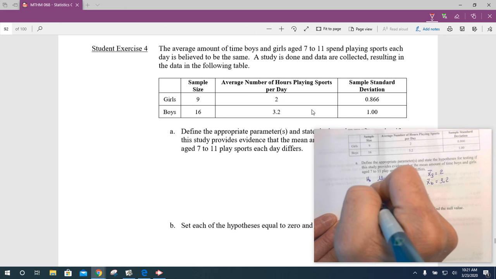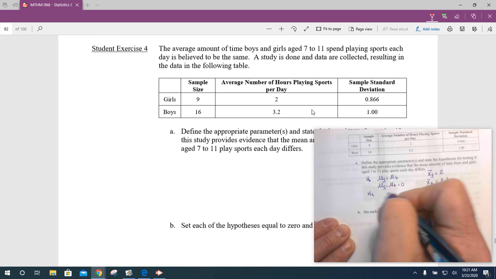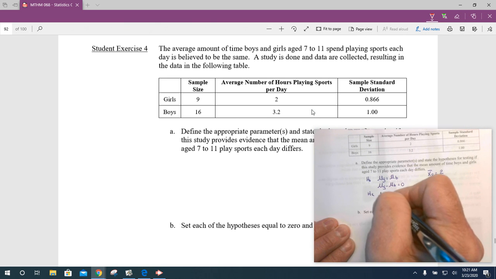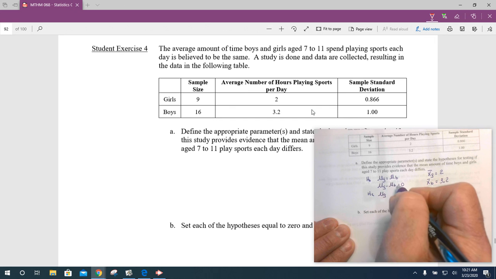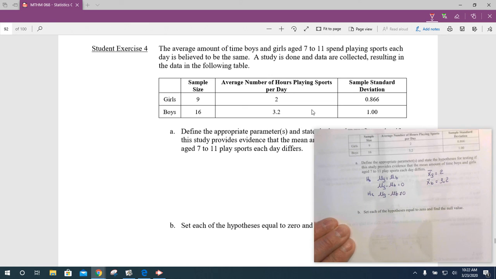H sub A is going to say that the mu value of girls, and I'm going to go right to the subtraction one, minus the mu value of boys will not be equal to 0. It will not be the same.